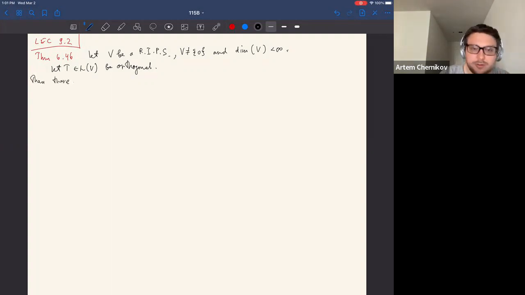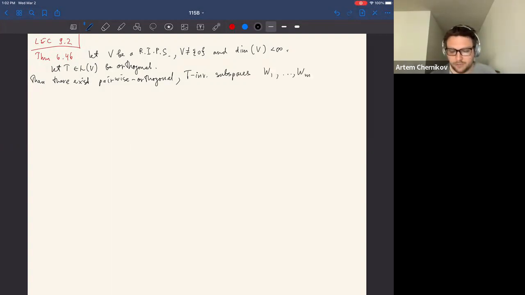In this case, there exist pairwise orthogonal T invariant subspaces W1 through Wm, for some number m less or equal than the dimension of V, such that we have two things.